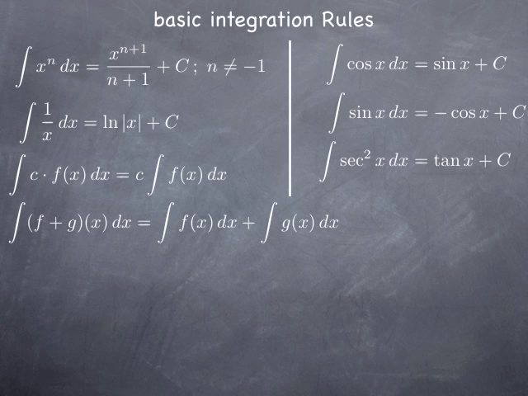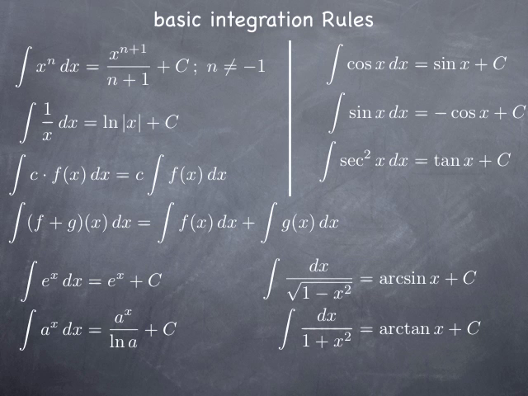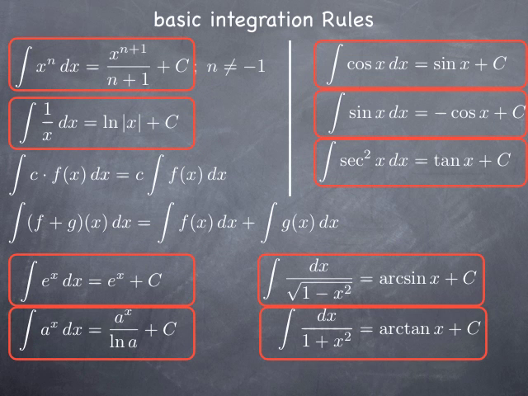And additional formulas that we have seen in this course are the integral form for the derivative of e to the x, so namely the integral of e to the x is e to the x, the integral of a to the x, where a is some positive number different from 1, is a to the x over ln of a, and the integral of 1 over root of 1 minus x squared is given by arcsine of x up to a constant, and the integral of 1 over 1 plus x squared is given by arctangent x up to a constant. So of course all these formulas are formulas that you're supposed to know.